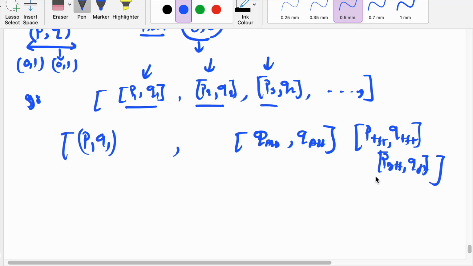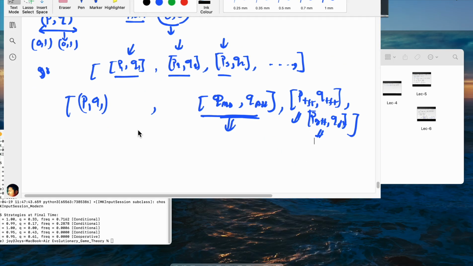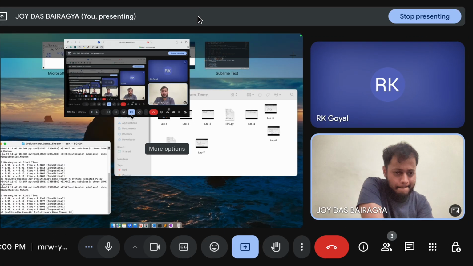That is the purpose of stacking. I am adding these elements to the 98 random strategies. Now is it clear? Yes.